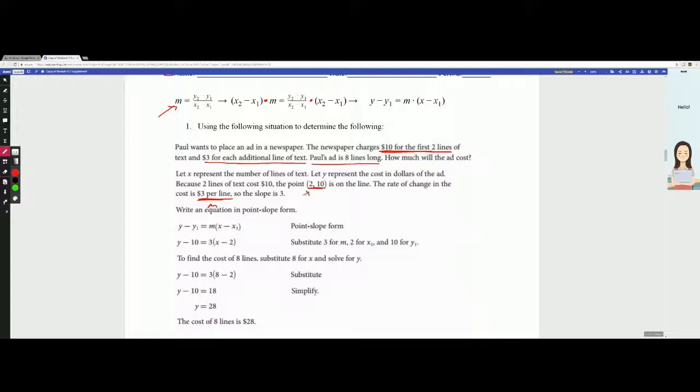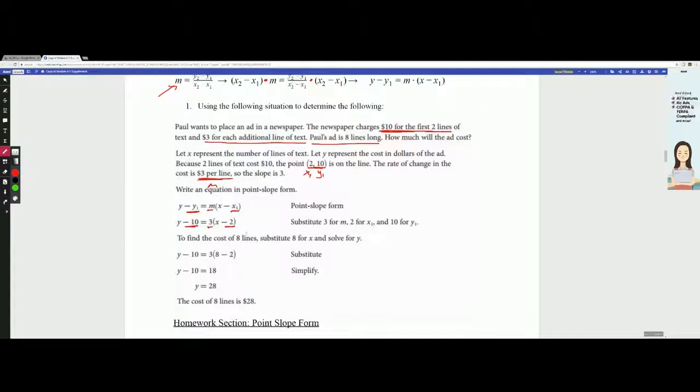Awesome. So we have our x value, we have our y value, and we're just going to plug it into our equation. So our y value was 10, so it's minus 10. Our slope was $3 per line, and our x value was the 2, so minus 2.